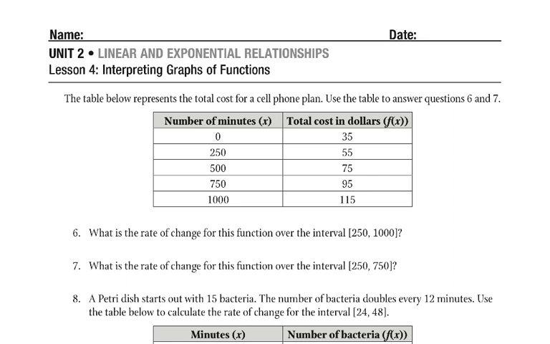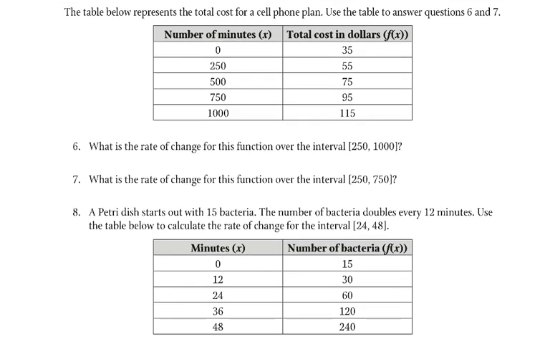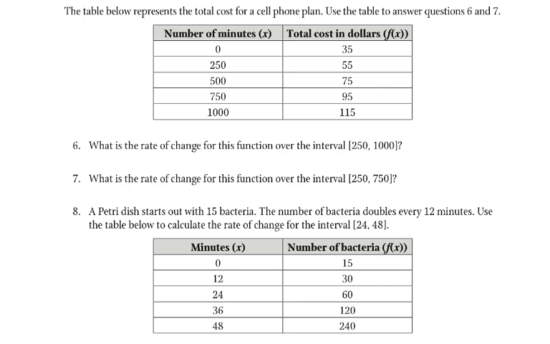Alright, number 6. Okay, so the table represents a total cost for a cell phone plan. Use the table to answer questions 6 and 7. Okay, what is the rate of change for this function over the interval 250 to 1000? So where's 250? Right here. Okay, 1000's right here. So what's our x difference? Well, 1000 minus 250 is going to be 750. So our fraction, that goes on the bottom.